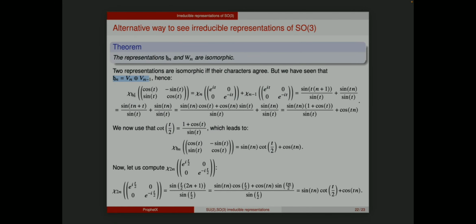And here, basically, we just use that the character on the direct sum is the sum of the characters. And we use the formula which we had before for the characters. So this step is that the character on the direct sum is the sum of the characters. This is basically just what the characters are.